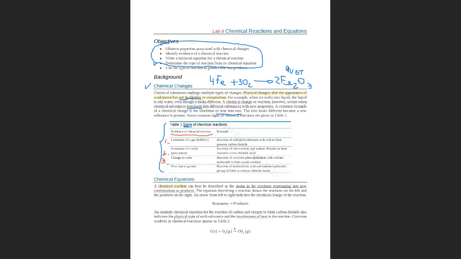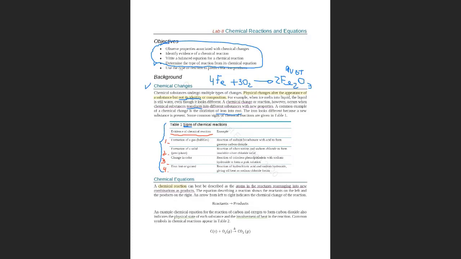If the color changes, that's another sign. And the last one is the one that I like the least, but it is a sign. It says heat, loss, or gain. And they give you here examples. Yes, it's a sign of a chemical reaction if you see heat, if the tube becomes hot.